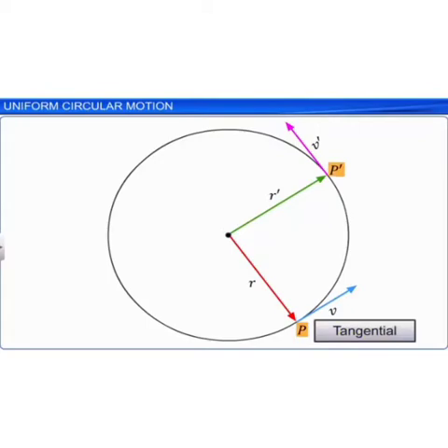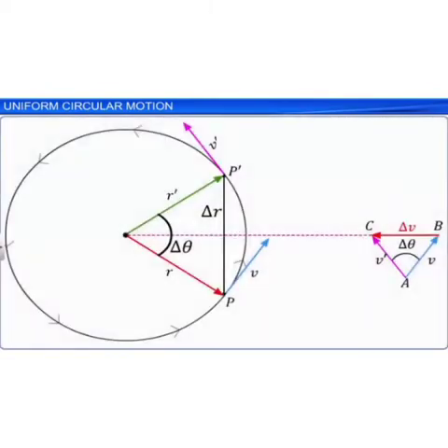The change in velocity delta v is obtained by using the triangle law of vector addition. v and r, as well as v' and r', are perpendicular to each other, as v and v' are tangential to the circle, and r and r' are the radii of the circle. Therefore, delta v is perpendicular to delta r.